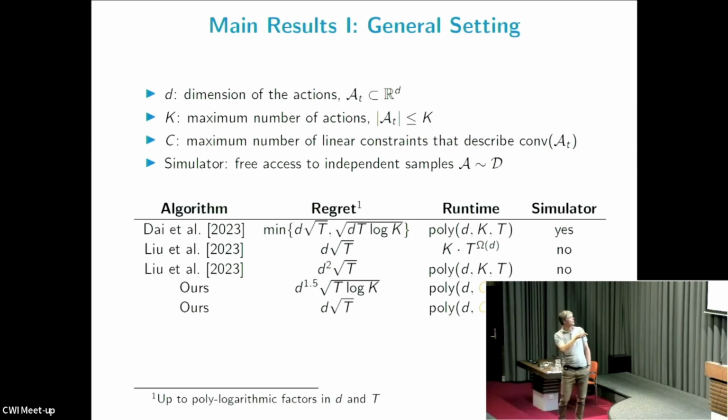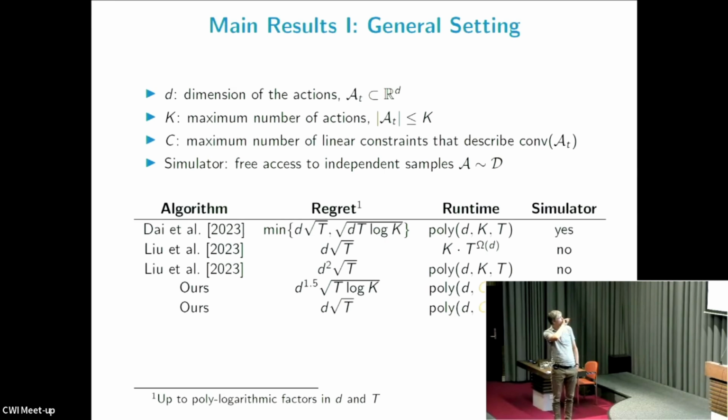What I'm showing here is rates up to logarithmic factors in D and T. I'm still showing dependence on K, because I'm also interested in the case where the number of actions is very large compared to the dimension, maybe exponentially large in the dimension. In that case, log of, say, 2 to the D would still contribute some significant Ds, right?